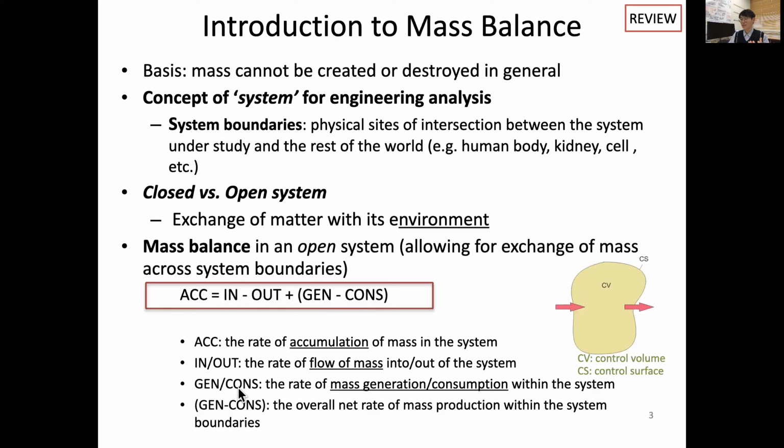Generation or consumption is the rate of generation or consumption within the system. So generation minus consumption means the overall net rate of production within the system boundaries. This relationship really defines the mass balance for an open system, which will be used for our future analysis of a system.